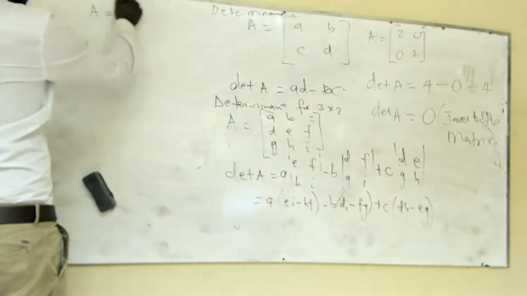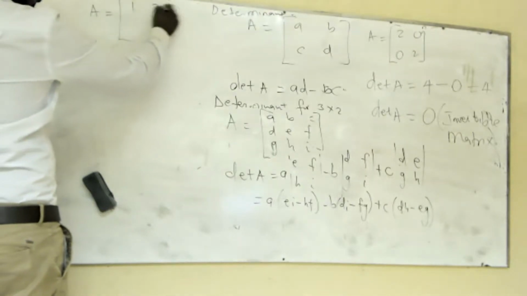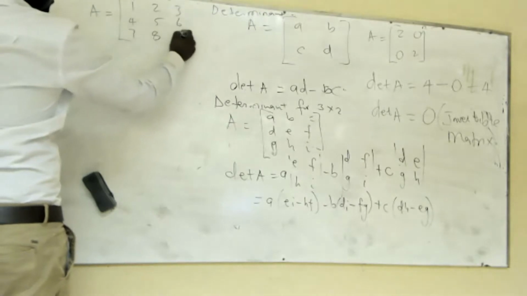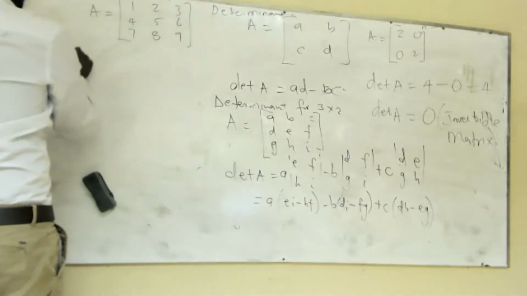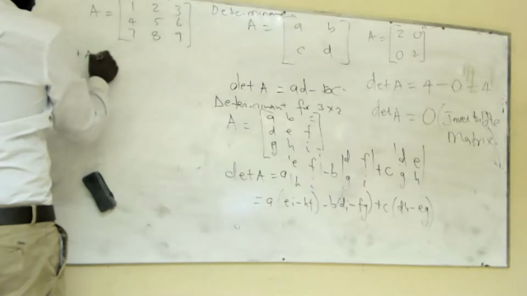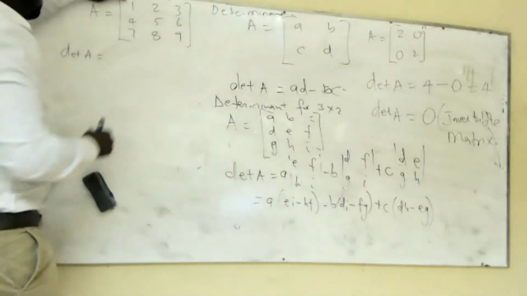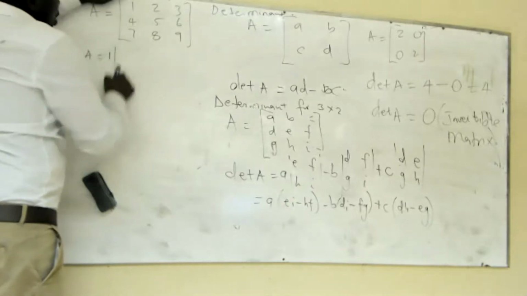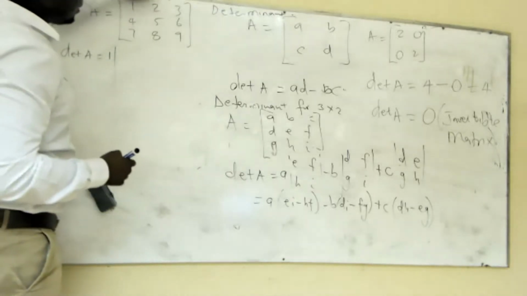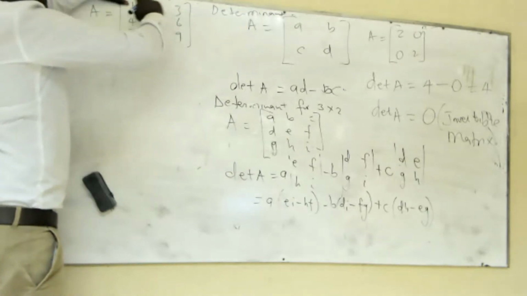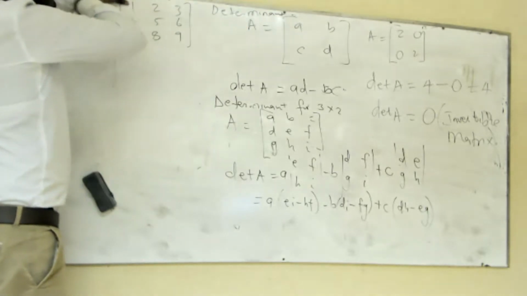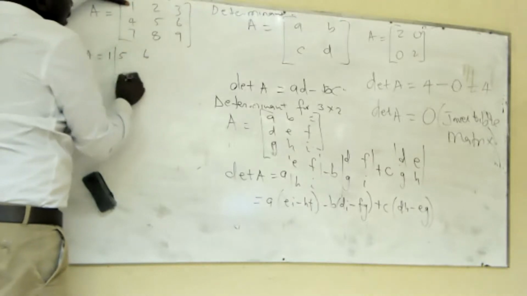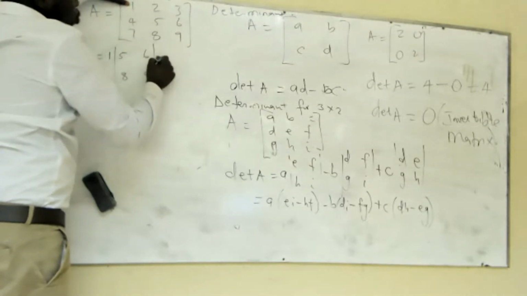Let's say we have a matrix A, which is 1, 2, 3, 4, 5, 6, 7, 8, and 9. We want to obtain the determinant of that. We obtain it by holding the first entry: you hold the first row and the first column, and you're left with 5, 6, 8, and 9.